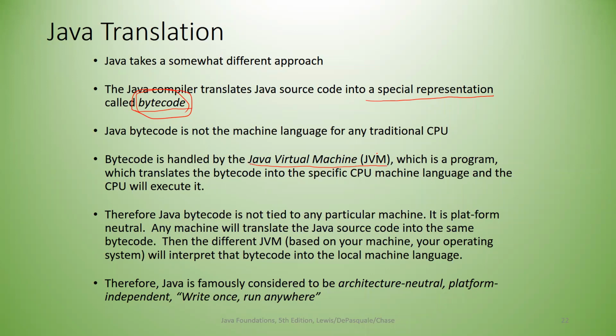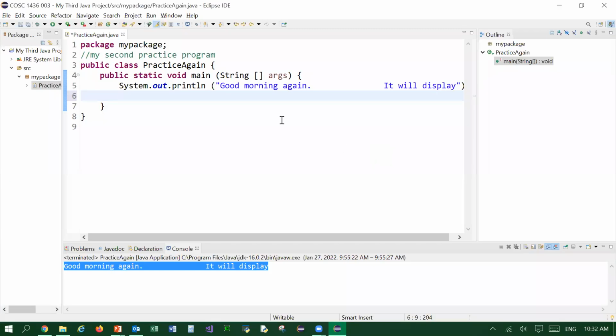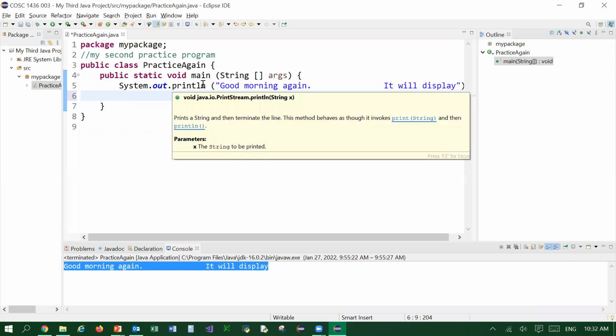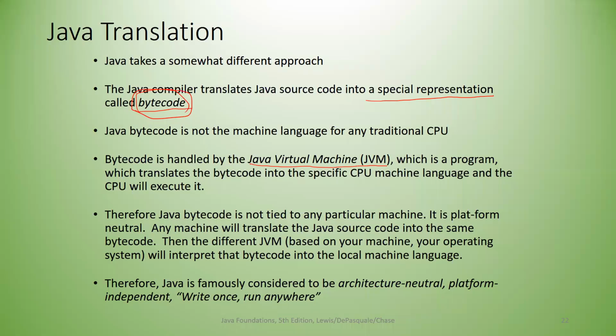This is a virtual machine. It's not real. So what is a virtual machine? It's a program, right? So this is in the Java system. That's why when you do this, you see you have this JRE right there. That includes everything, right? So you must have that. So the bytecode is handled by the Java virtual machine, which is a program which translates the bytecode. Remember, this bytecode is done by the compiler.